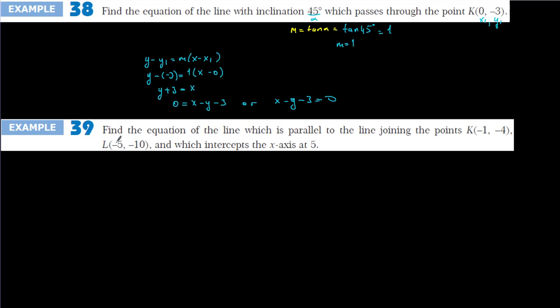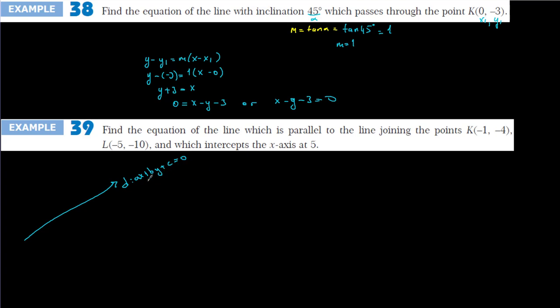Okay, the next one: find the equation of the line which is parallel to the line joining the points K (minus 1, minus 4) and L (minus 5, minus 10). If I draw the figure, it should be something like this. We are looking for the line d, and we are going to find ax plus by plus c is equal to 0 here.